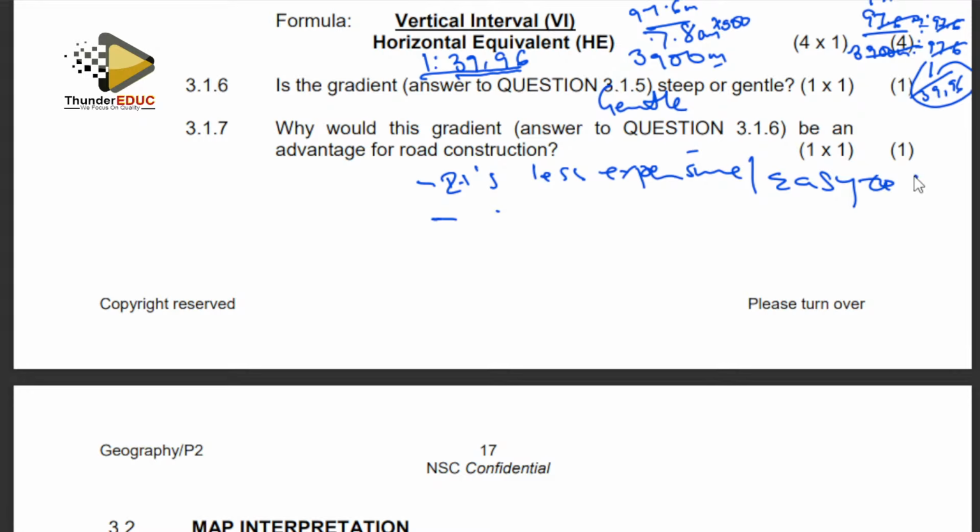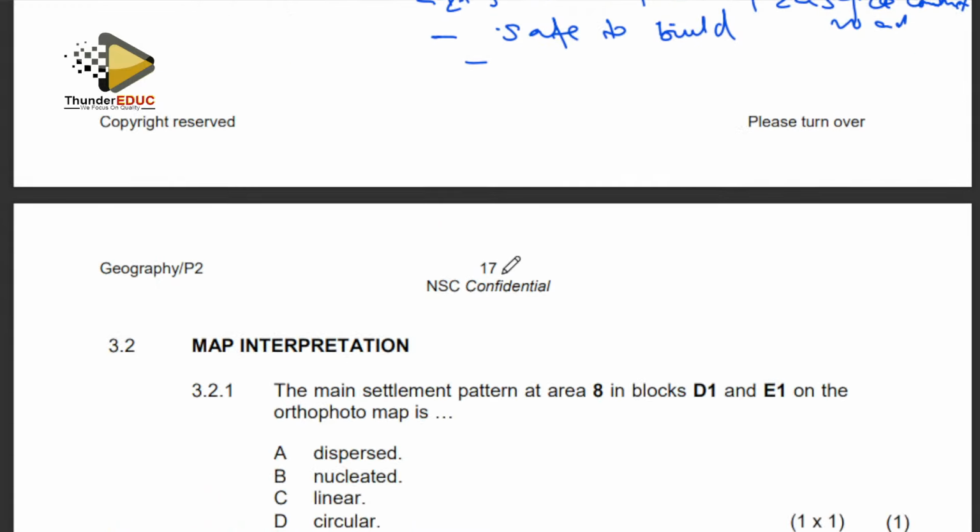Then it is also safe to build a road in that area. You don't need to even put tunnels there, no tunnels or passes in order for you to construct a road, because it is gentle, than in situations where it is mountainous, where you need to cut the mountain so that you can put the tunnels to construct roads. It becomes very, very expensive.